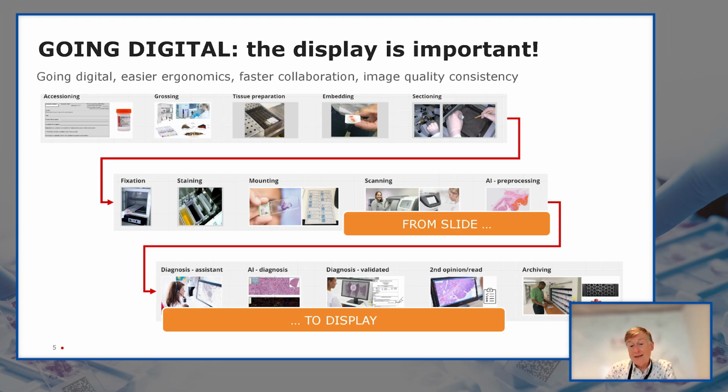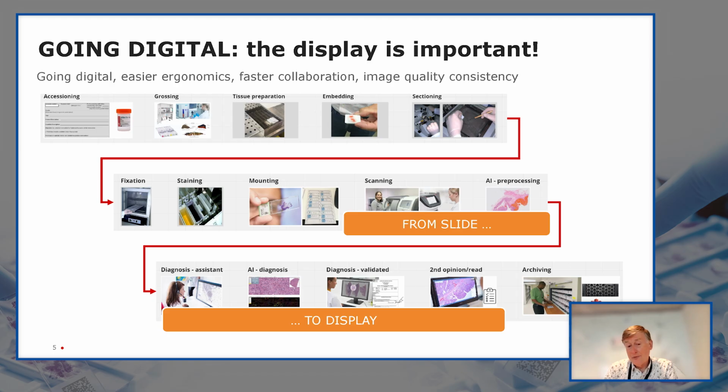Typically, once you're digital, you would send the case to an assistant where the initial diagnosis can happen. Again, AI can be used there, whether regional based or computational based. Then the case can be sent for a second opinion, because that's the advantage of having a collaborative session with just digital images.